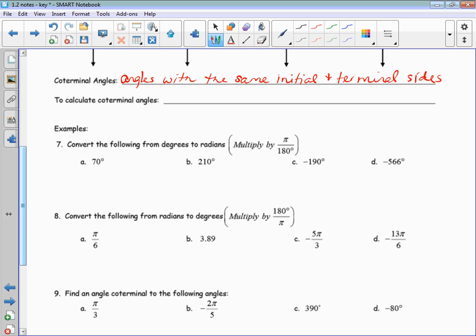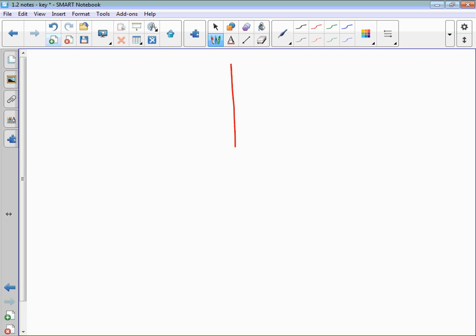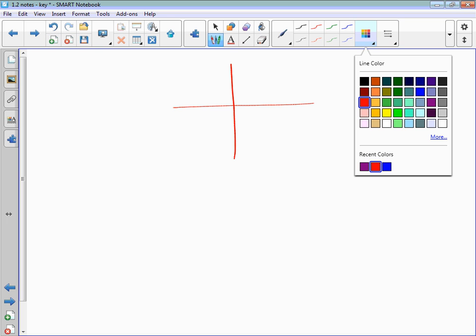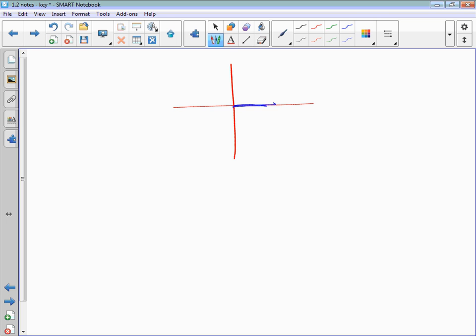You can probably squeeze it in on the side of your paper here. Let's say that angle right there is 30 degrees. Okay? That's if I'm going in a positive direction. What would it be if I went in the negative direction? Yeah, so 30 degrees and negative 330 degrees are coterminal. So it's like two ways to name the same angle. Okay?